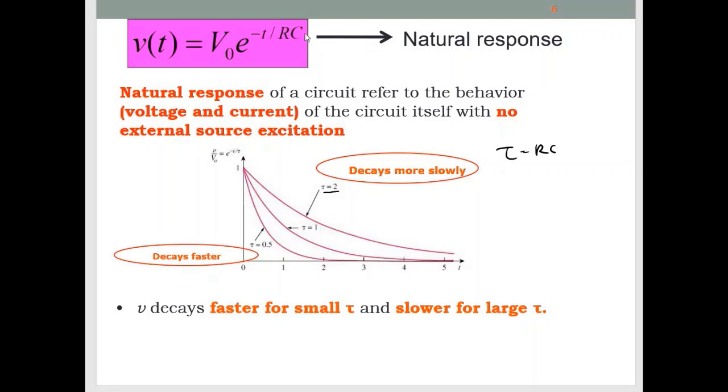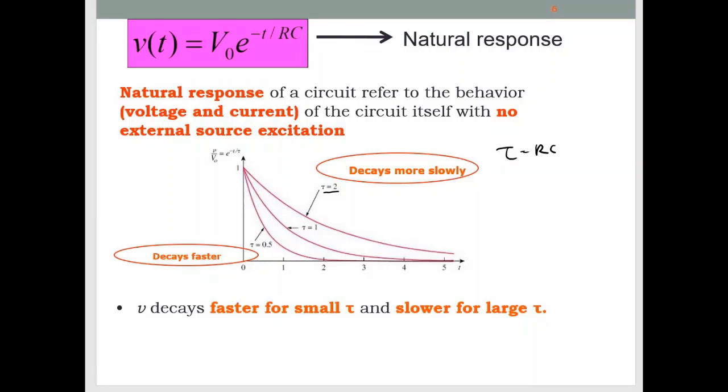The value of tau here is contributed by the values of R and C. So the bigger the values of R and C, the more slowly the slope decays, compared to a tau of 0.5, which will decay faster, the value of voltage versus time.